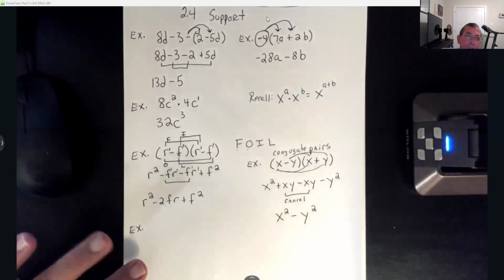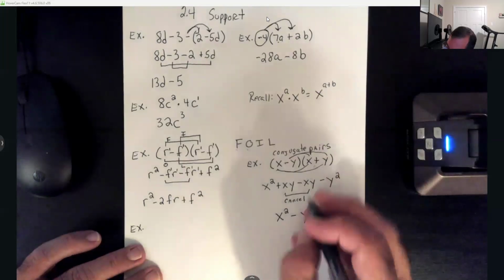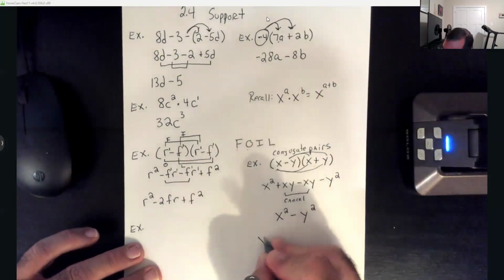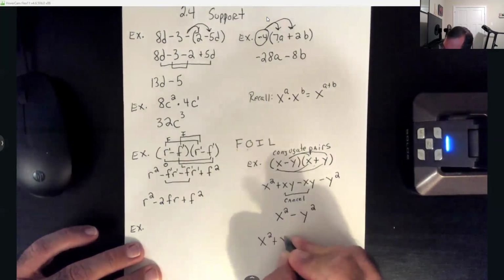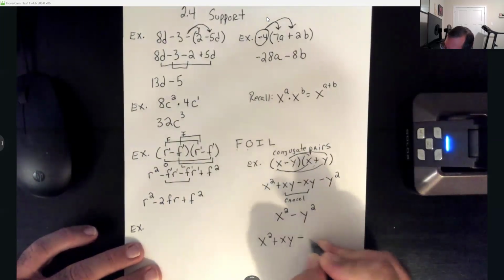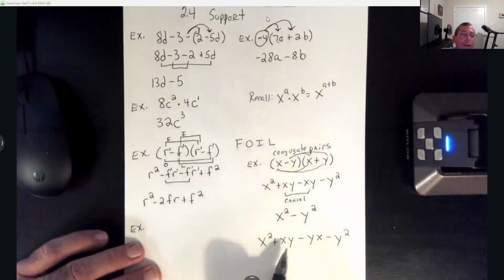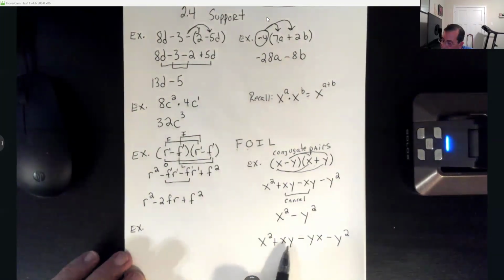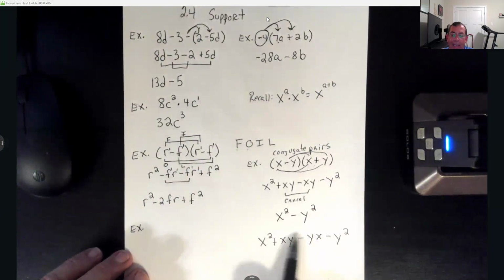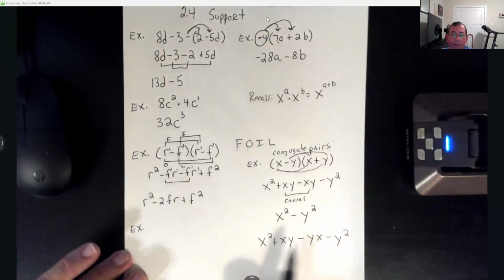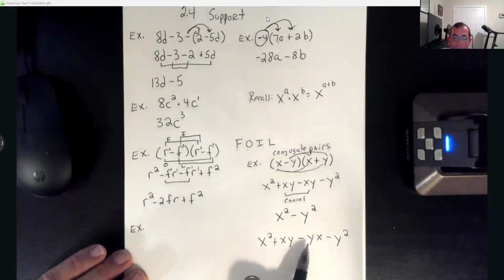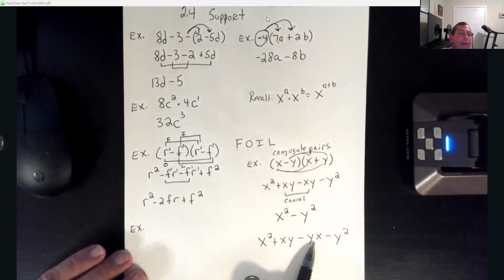So y'all are asking, say I didn't put them in order and I had an x squared plus my xy minus a yx minus y squared. So Levester, although these aren't in alphabetical order, they're the same thing. You got an xy here and a y times x here.